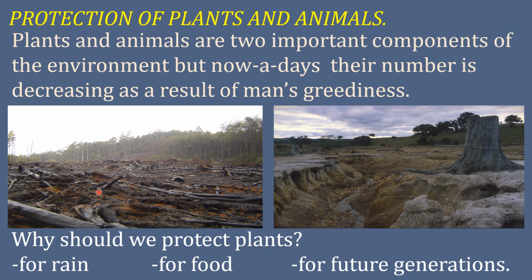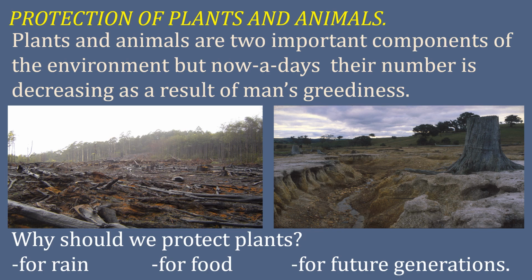Some of them destroy the forest and build big tall buildings there. Due to that, soil erosion is also taking place. What is soil erosion? Yeah, the soil will be washed away by the breeze.